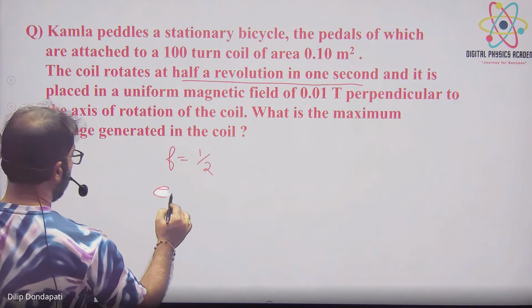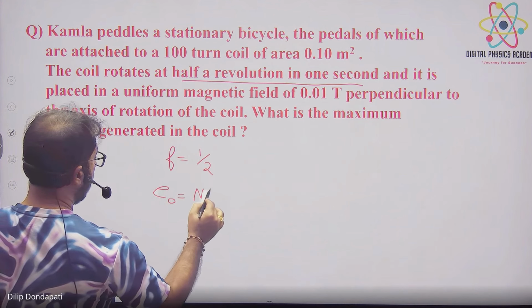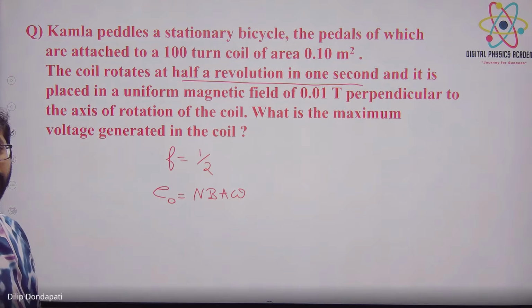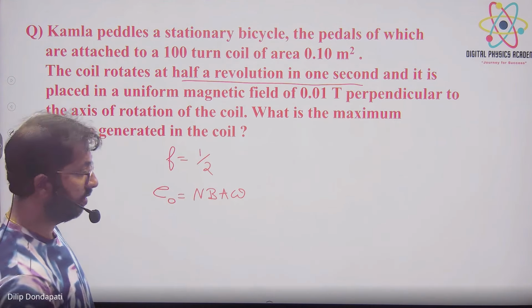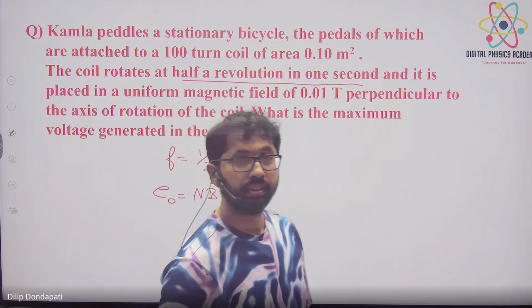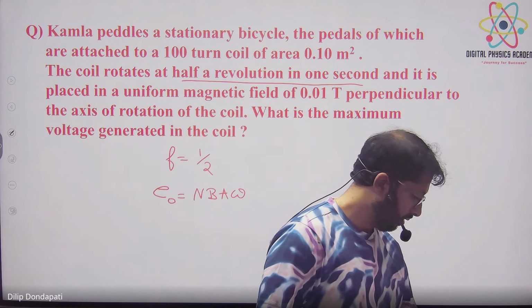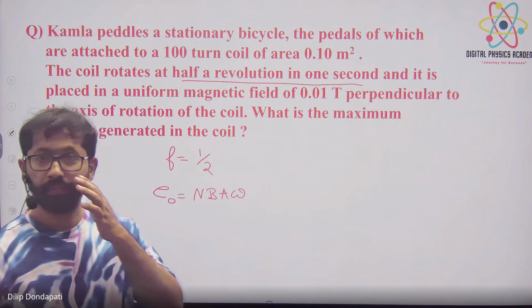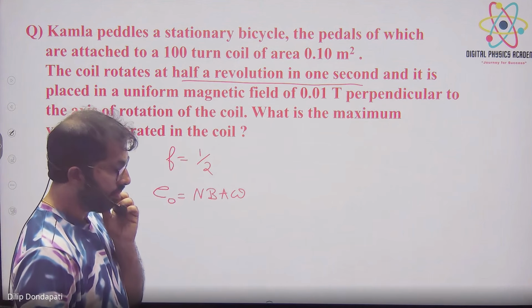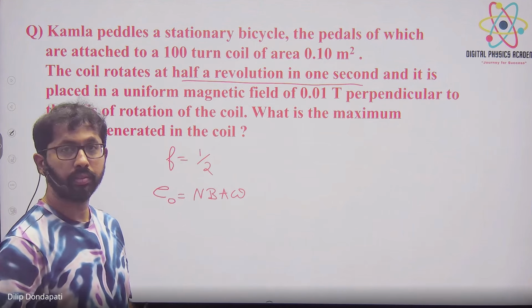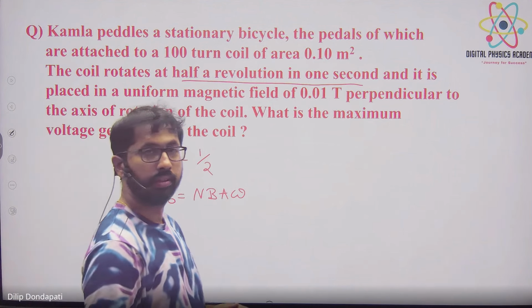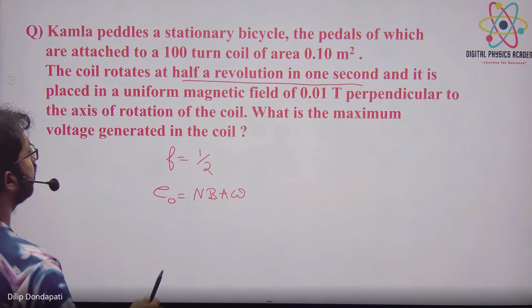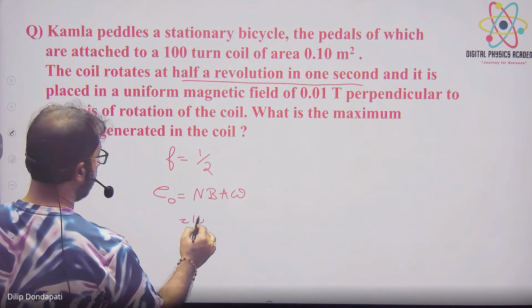Same formula. E max is equal to NBA omega. Omega is 2 pi f. Substitute all the values. N is 100.